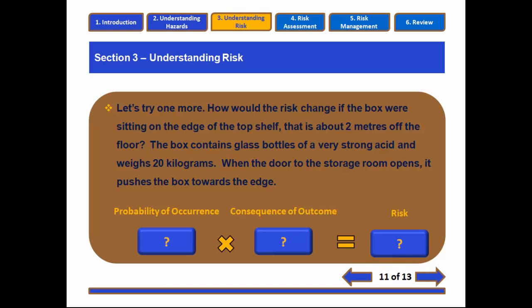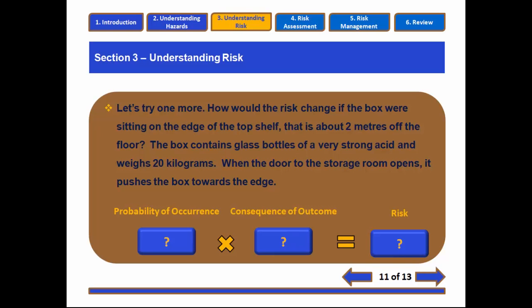And now what about the consequence? Well, once again, I think we can safely say that consequences are going to be more severe. I mean, glass bottles, they could break. Strong acid, if that were to spill on even just the ground, but say on a worker, either of those would be very bad.